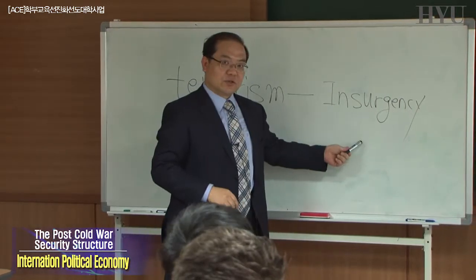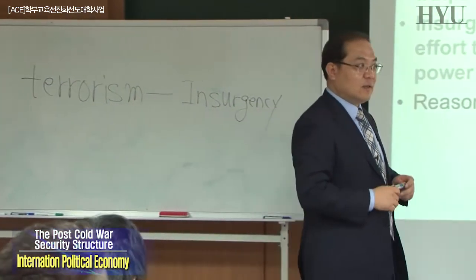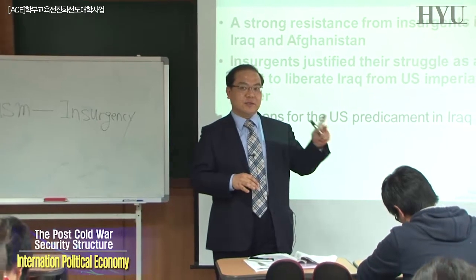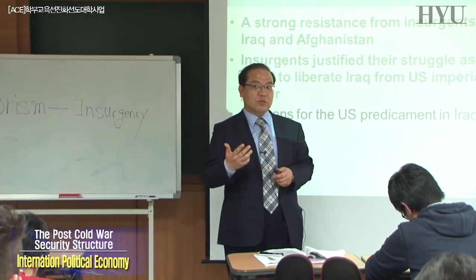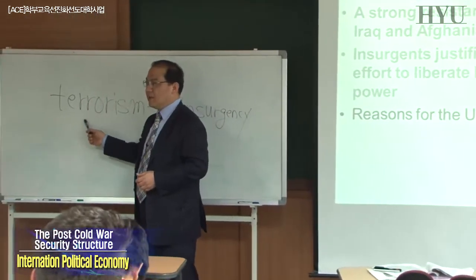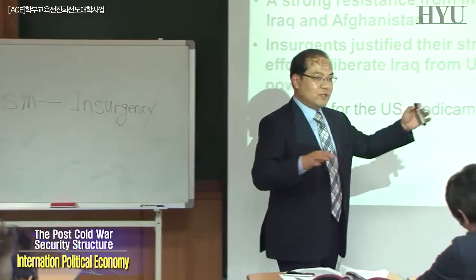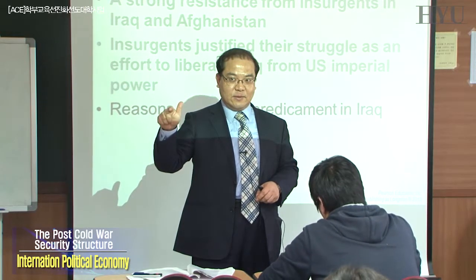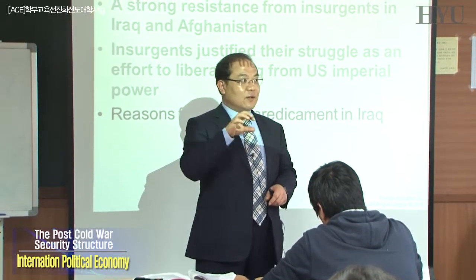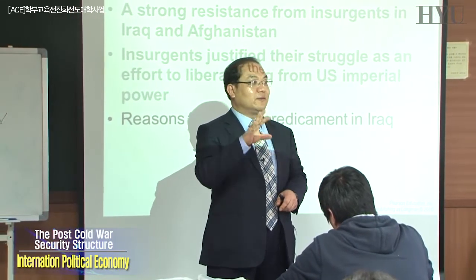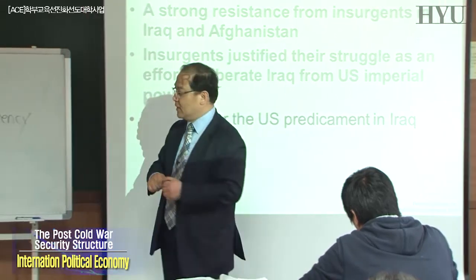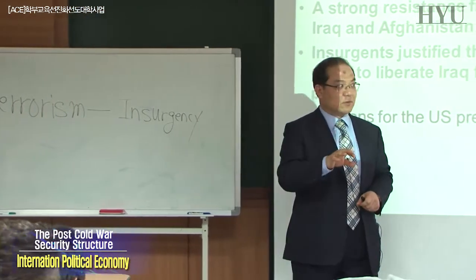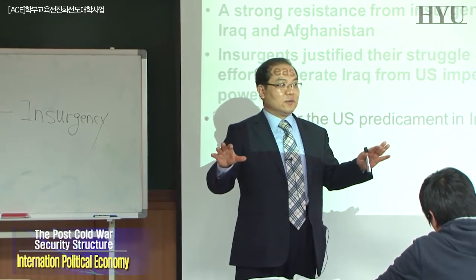According to this textbook and many other authors, America is failing both in Iraq and Afghanistan because America was resorting to anti-terrorist operation, so-called ATO, right? But in fact, many guerrilla fighters in Iraq and Afghanistan are not quite terrorists. Many of them are simply insurgents. So the U.S. prescription is wrongly applied.